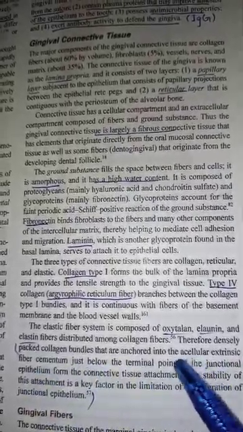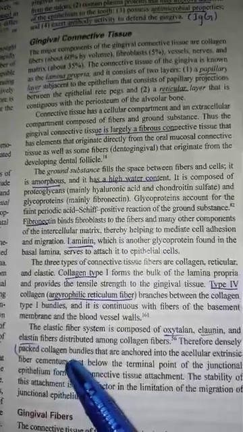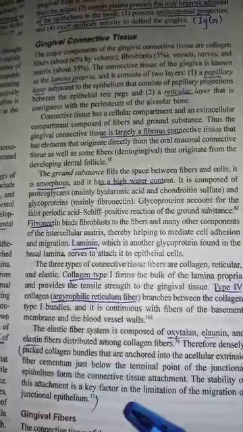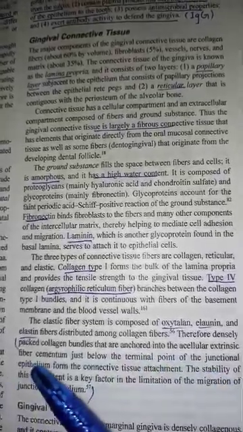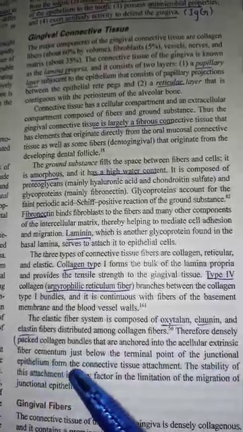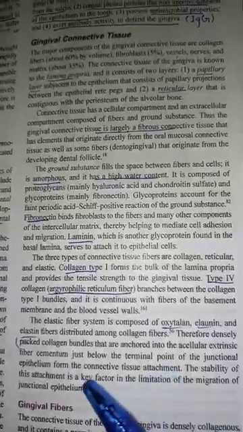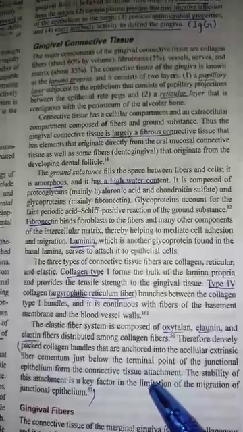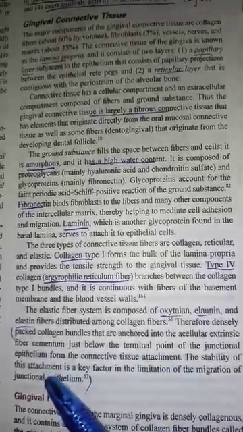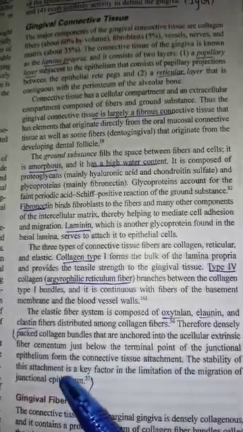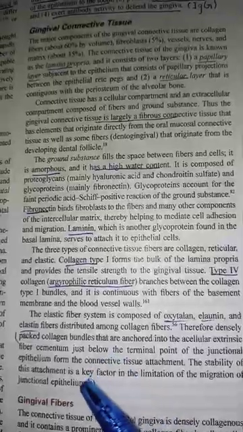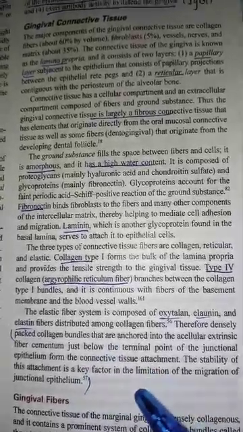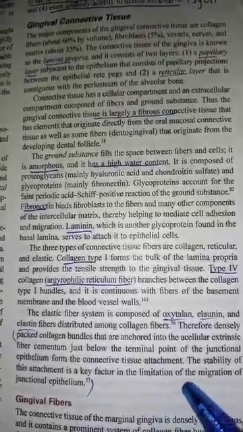Means these collagen bundles are anchored into the acellular cementum, you can say, just below the junctional epithelium that forms the connective tissue attachment. So it forms the connective tissue attachment. Okay, and the stability of this is due to this attachment, which is actually below the junctional epithelium; the junctional epithelium cannot migrate. It provides limitation for this, so it is very important.